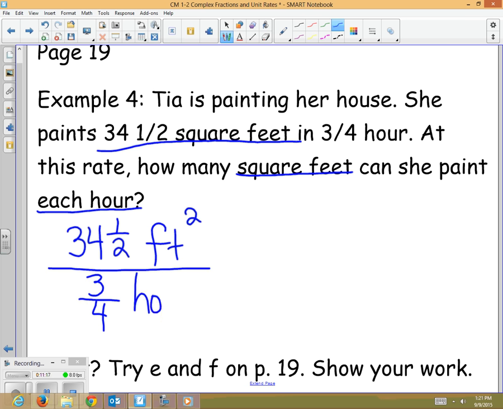So here we have our square feet per hour. The first thing I need to do is rewrite this complex fraction into a more simple form. So I will rewrite this as 34 and 1/2 divided by 3/4. Before I can divide my fractions, I need to rewrite this mixed number as an improper fraction.